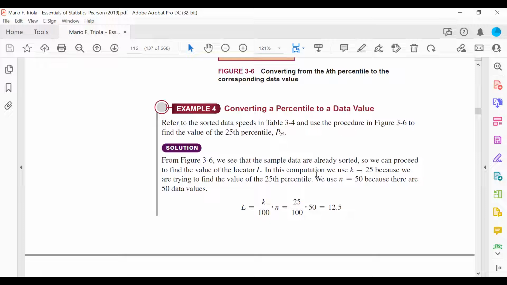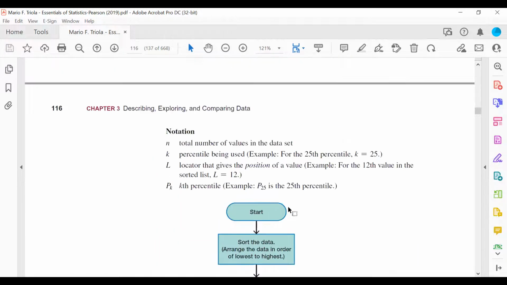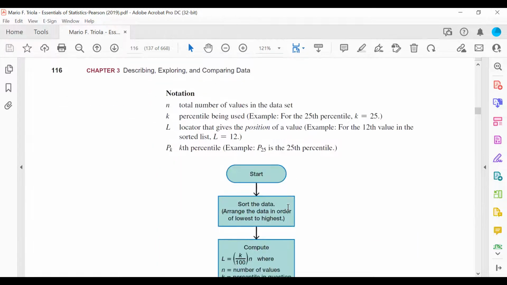Okay, so let me write it down. Converting a percentile to a data value. All right, so little background. There is a flowchart that you will be using.